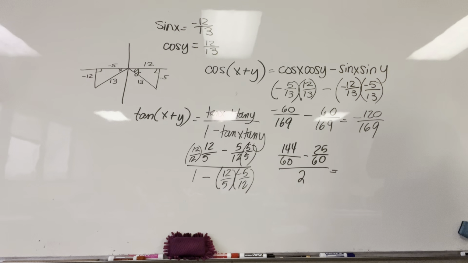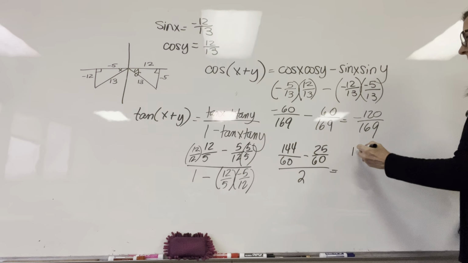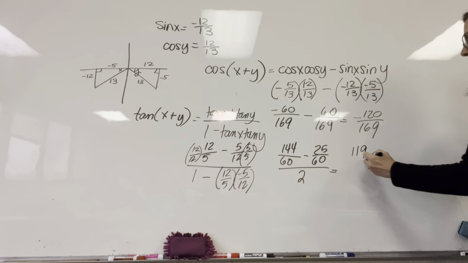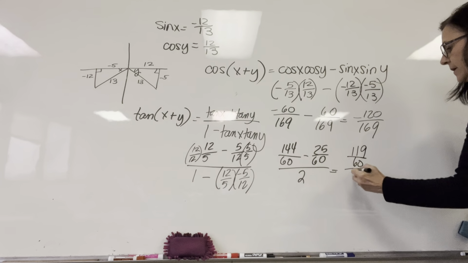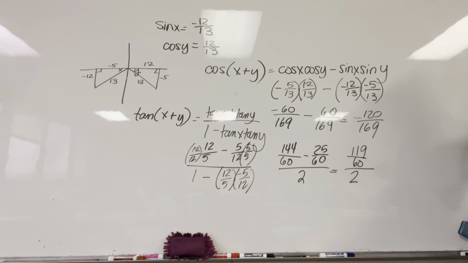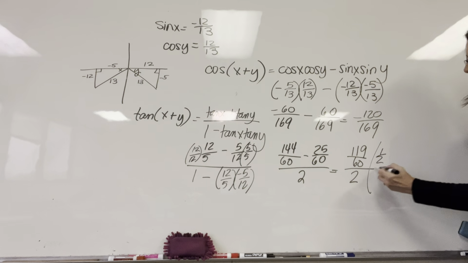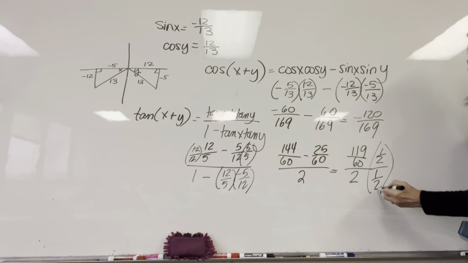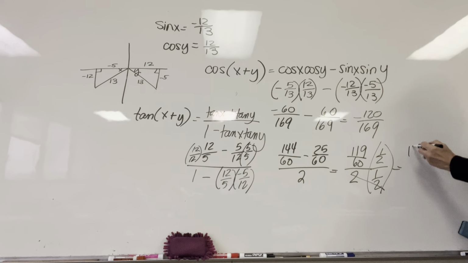What's 144 minus 25? 119 over 60 over 2. Multiply by 1/2 over 1/2 to eliminate that denominator. 119 over 120.